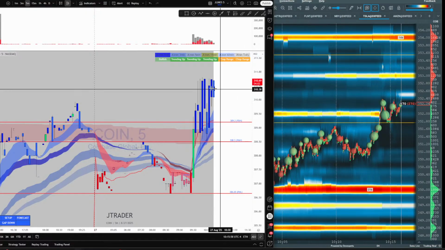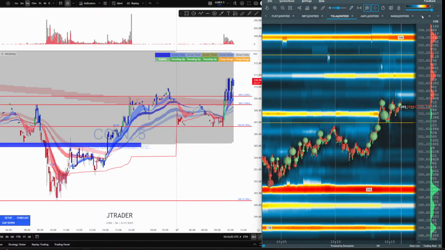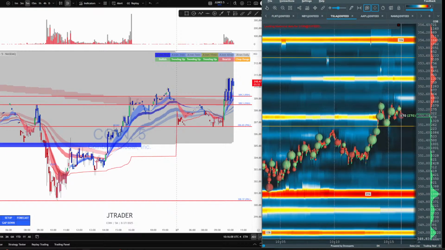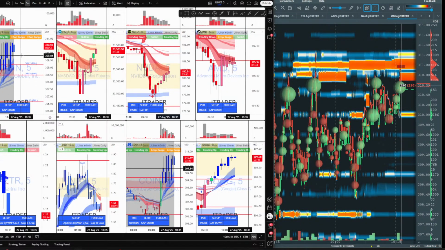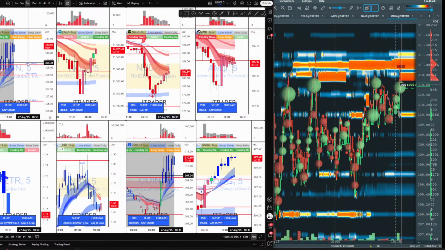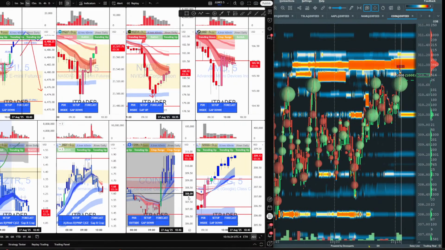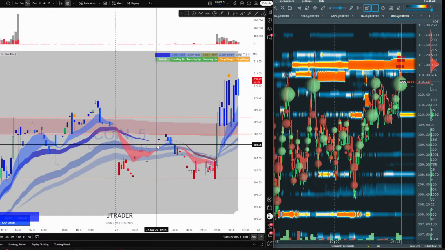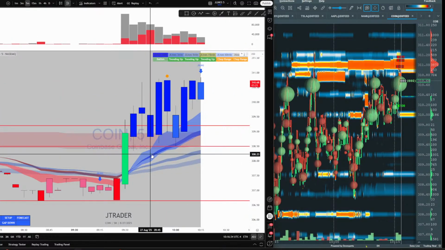Okay, let's go back, traders, to coin. So AZTR fading, MBY fading, coin is here. There we go. So coin, we still have our long. JLines, you can see these dips.